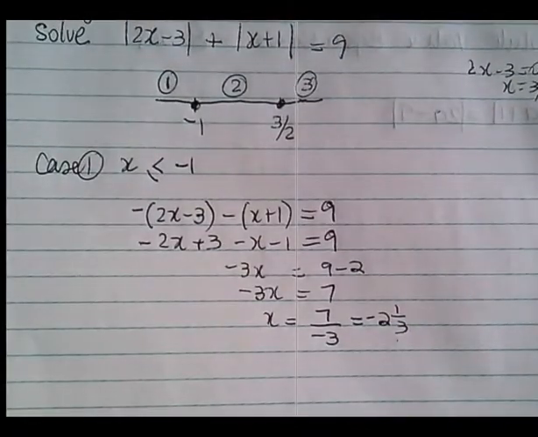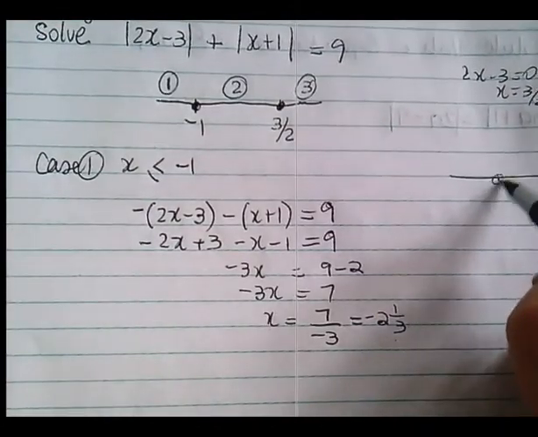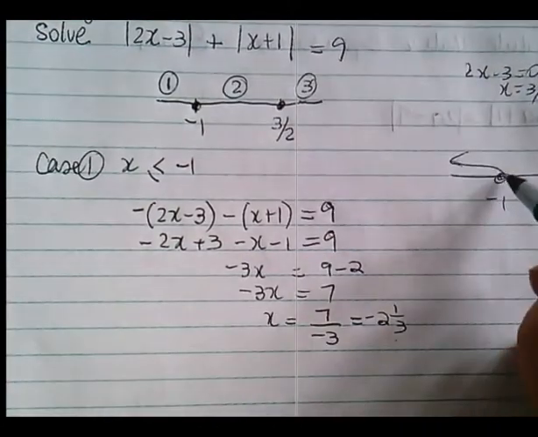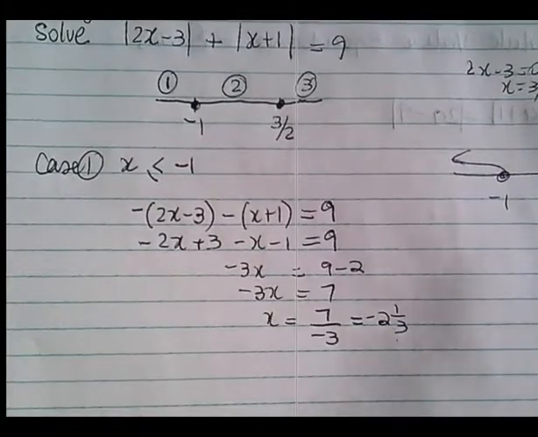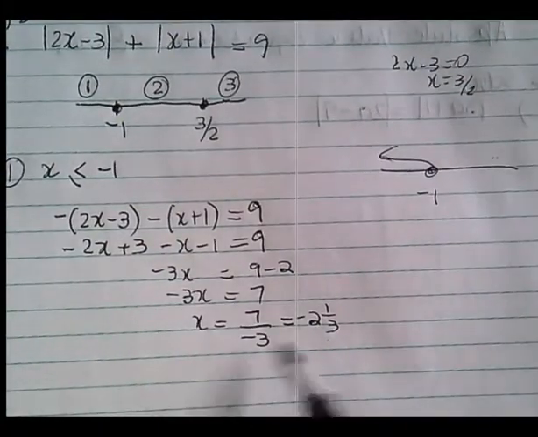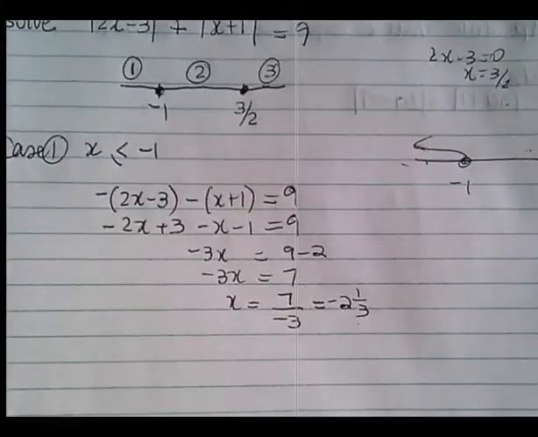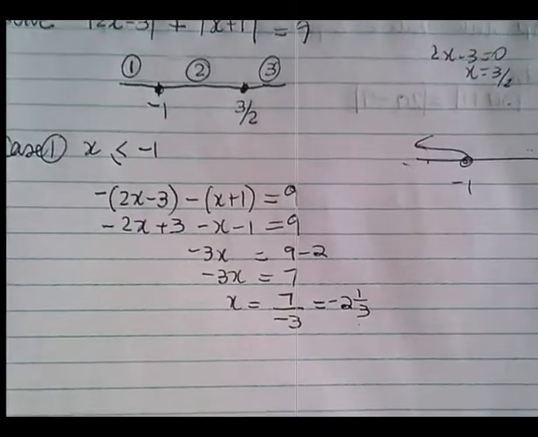It's a solution. It fits in there. See, this case is for all values of x that are less than or equal to negative 1. Now, if my answer here was x equals positive 7, it's not a solution. It doesn't fit. But x equals negative 2 1/3 is in where I've defined that case to be. So I don't have to substitute.